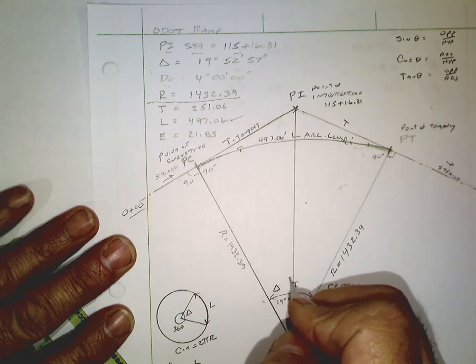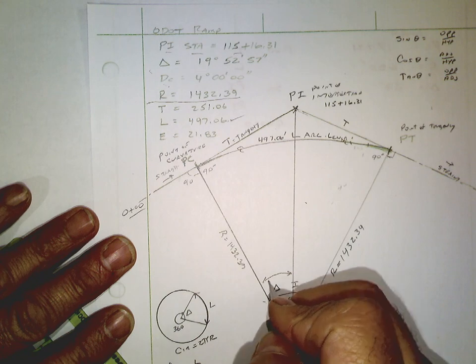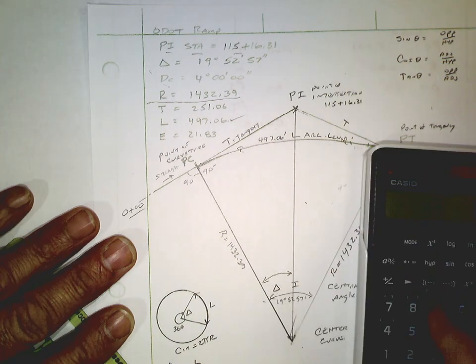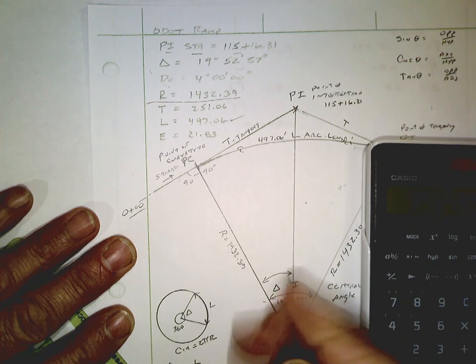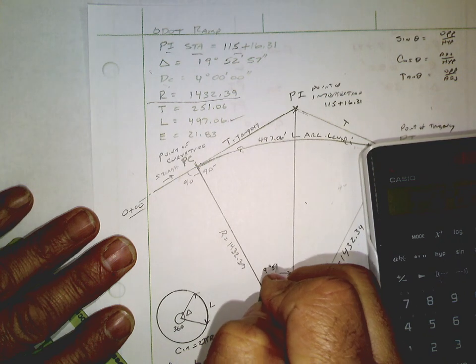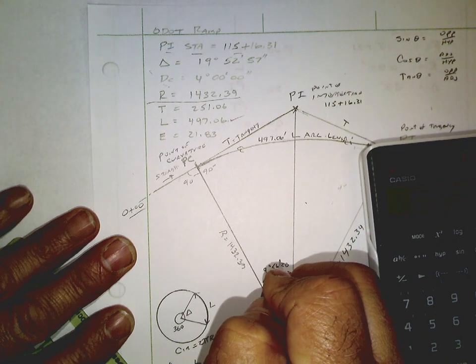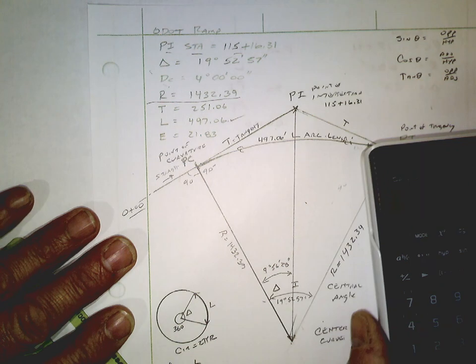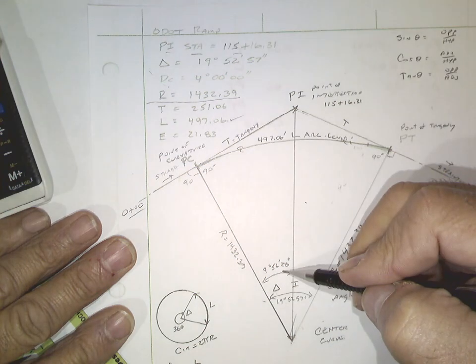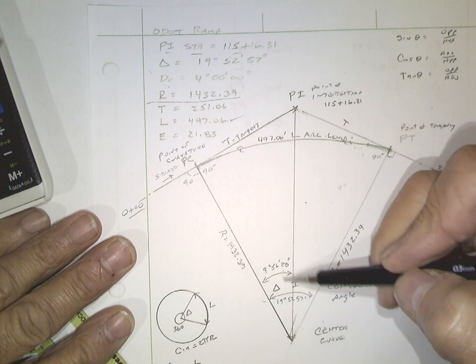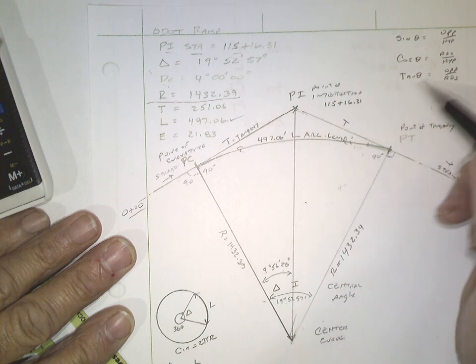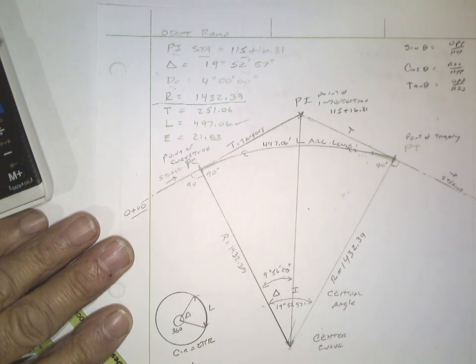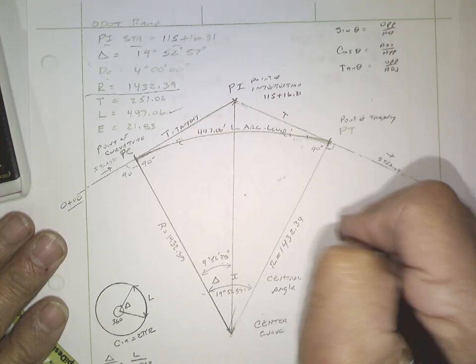Because if you look at this, if I take half of that angle, of the central angle, 1952.57 divided by 2, 956.28. I can calculate t by taking, let's see, opposite over adjacent. Oh, that's tangent. Guess what? It's called tangent. Let's do that calculation right here.